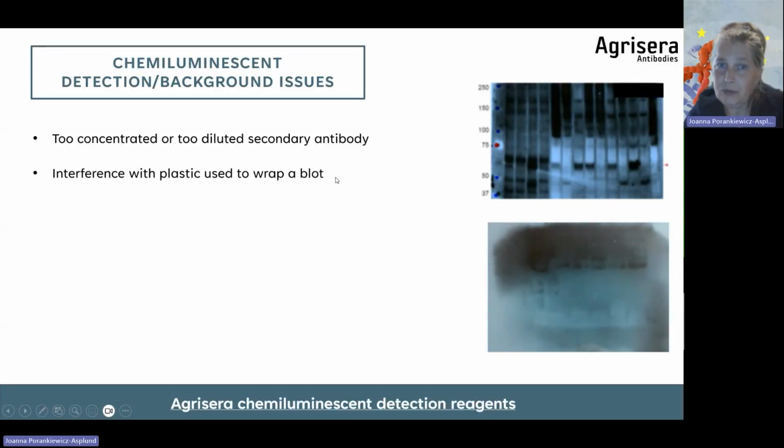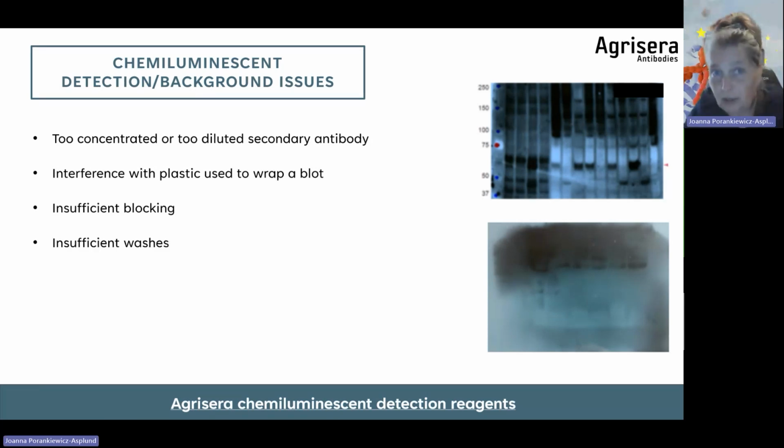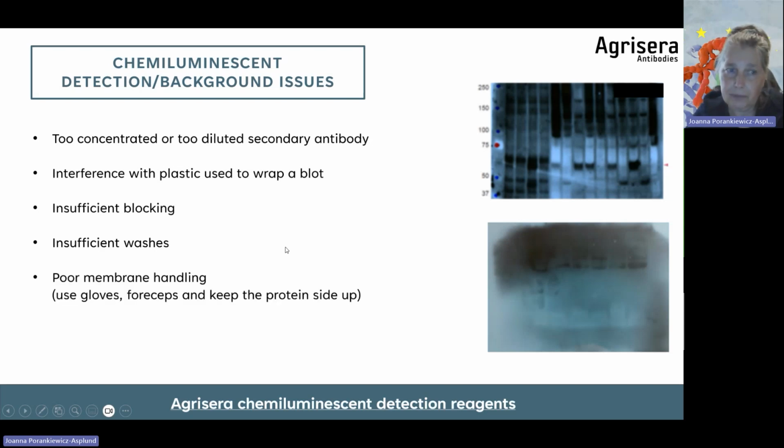Interference with plastic used to wrap a blot is actually very common, because that can give you interference and background signal. Insufficient blocking, as you saw in the former slide. Insufficient washes also. So please stick to your protocol and apply washes with volumes and time as in the protocol.